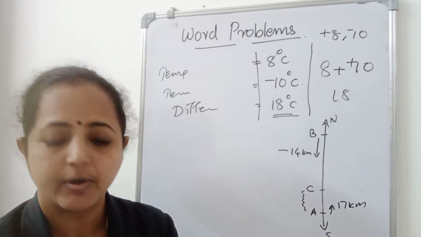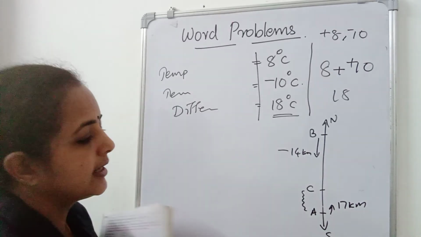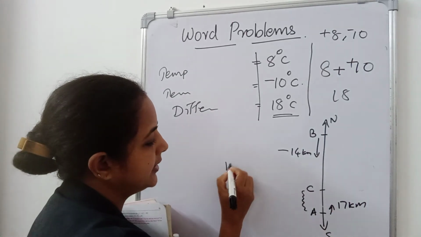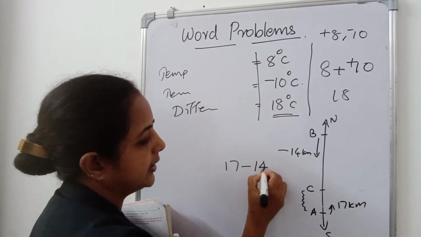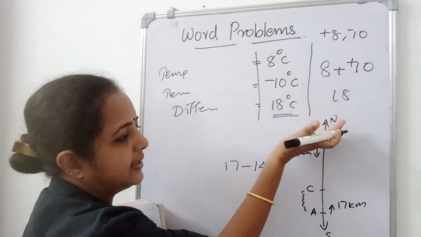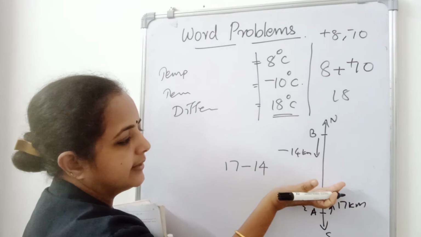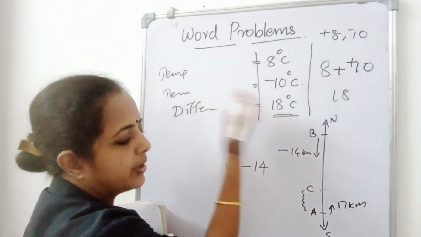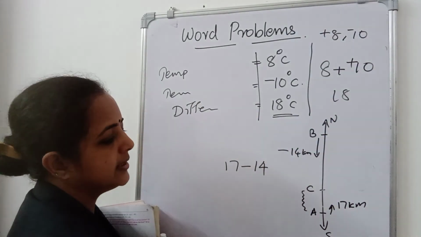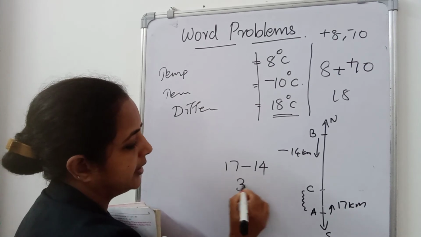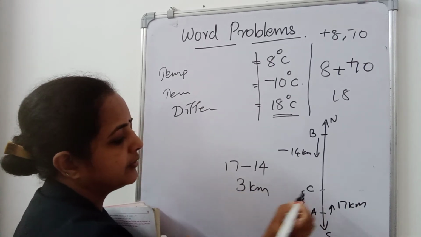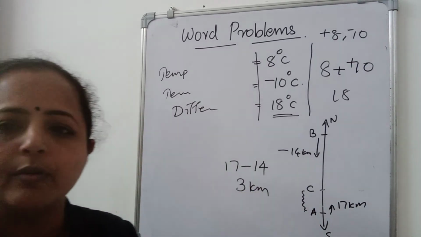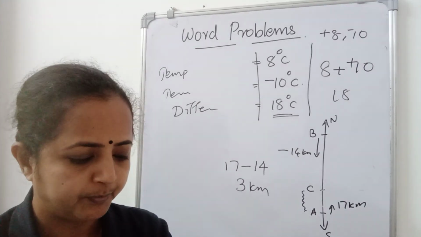From here to here 17, from here to here 14. This much we have to remove. So 17 minus 14 is 3 kilometers. So the distance between A and C is 3 kilometers.